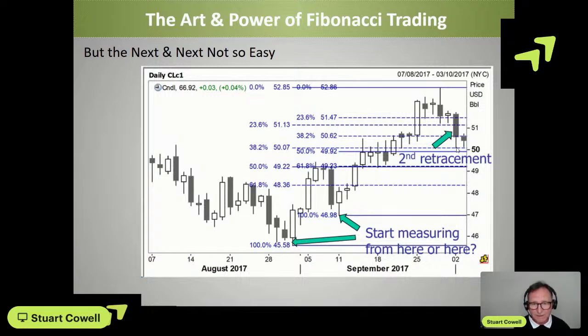But what you can see here is you start getting the key levels coalescing or clustering at certain levels. You can see this 50 level is also clustering with the 61.8 level. So this level just above $49 at 49.23 is a key cluster, because it's the 50% and it's the 61.8 of the next level.